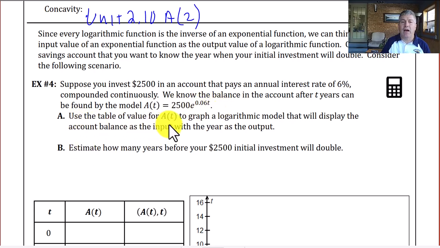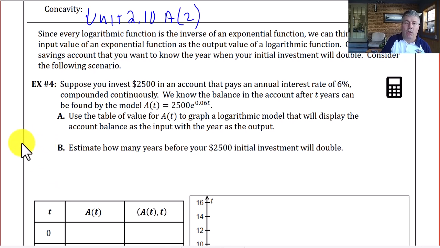Use the table of values for A of t to graph a log model that will display the account balance as the input with the year as the output, and estimate how many years before your $2,500 initial investment will double.